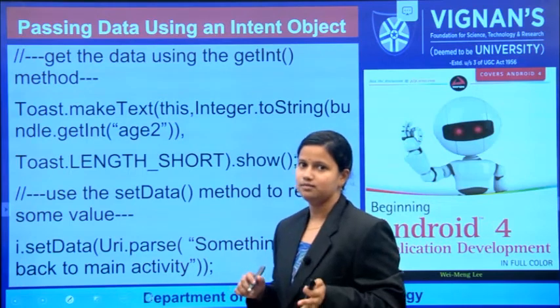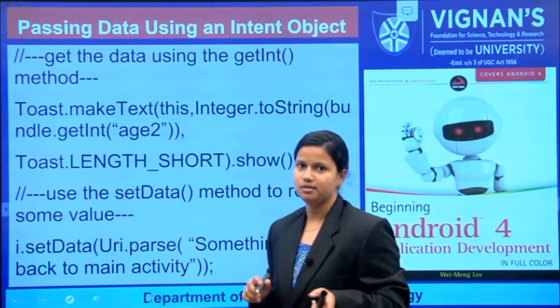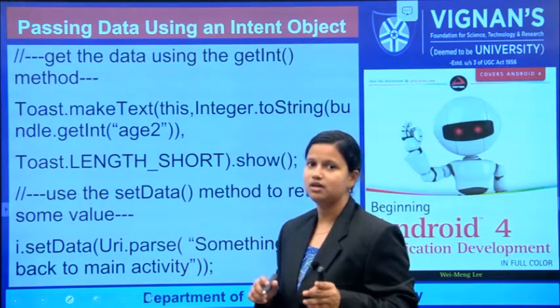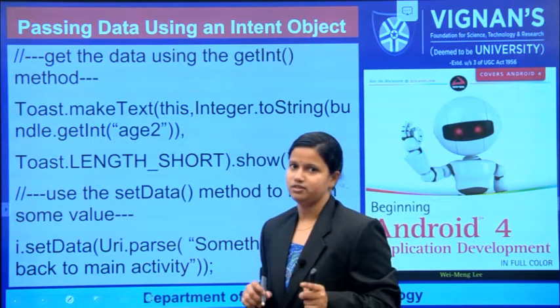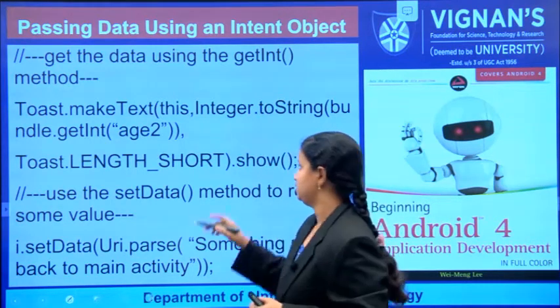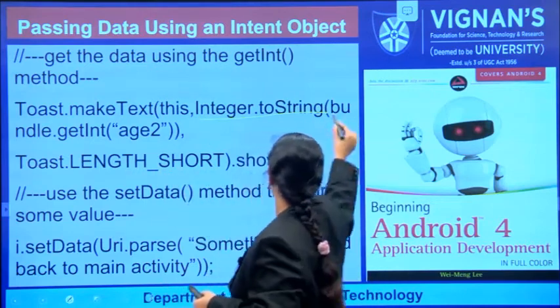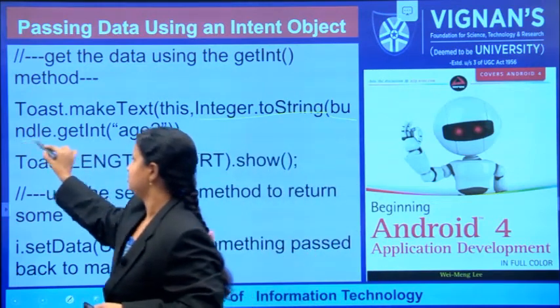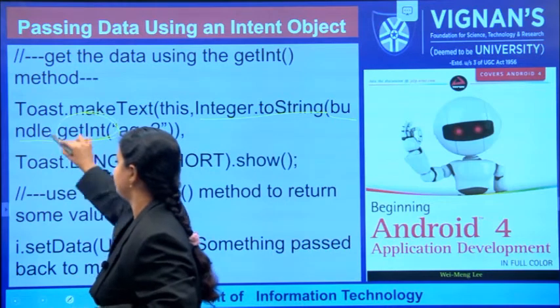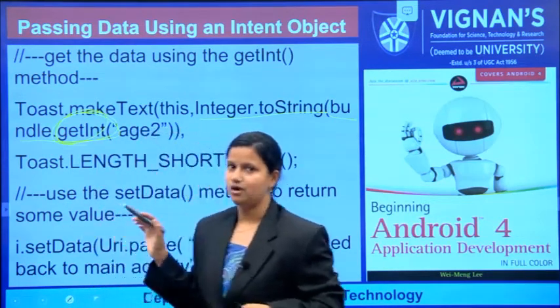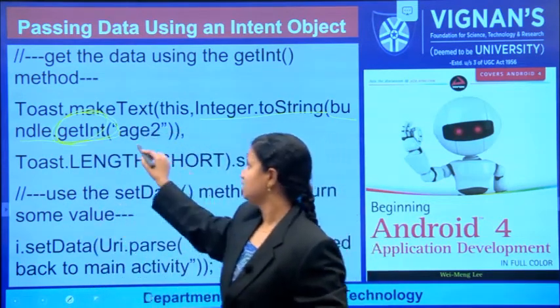Next, if it is an integer: in all the examples we are using only two examples. The first one is a string message, and the second is age. How do we get that age? First, Integer.toString of the method bundle.getInt. To get the integer value you have to use the getInt method.